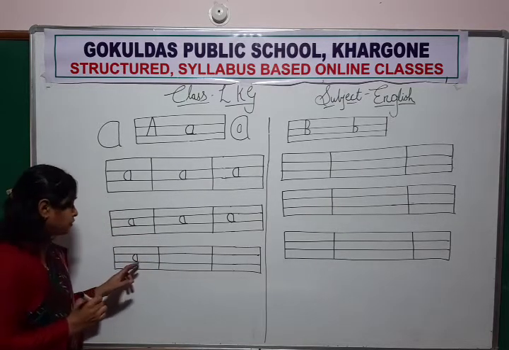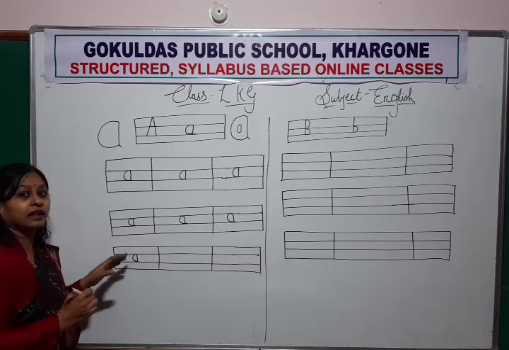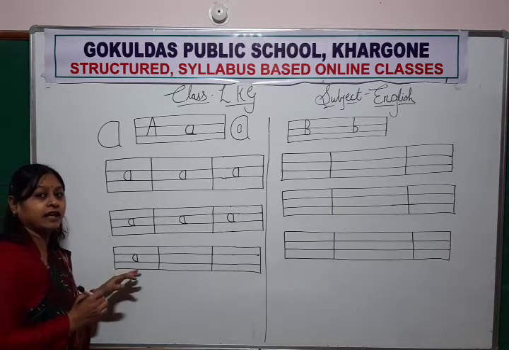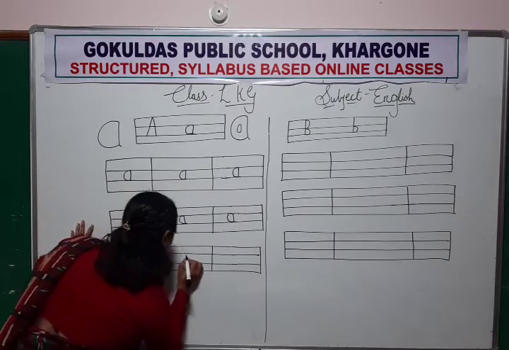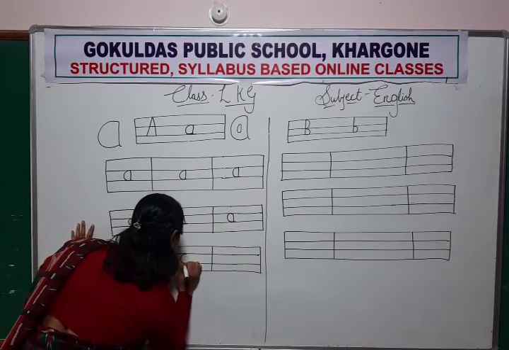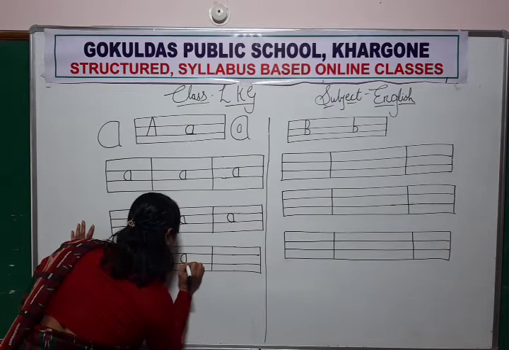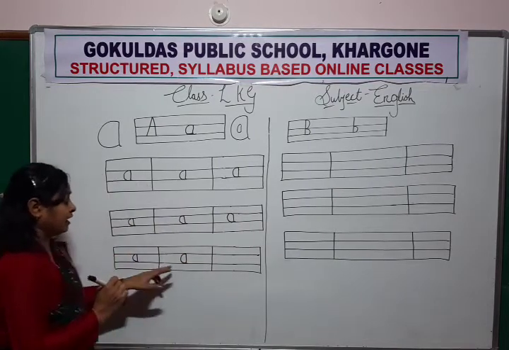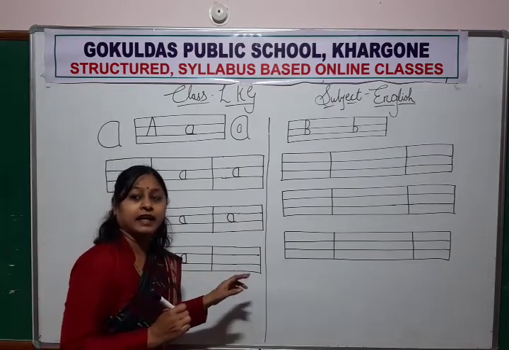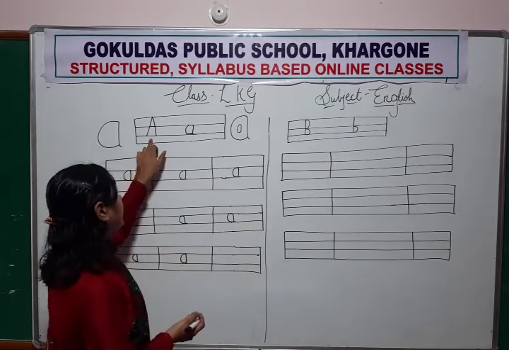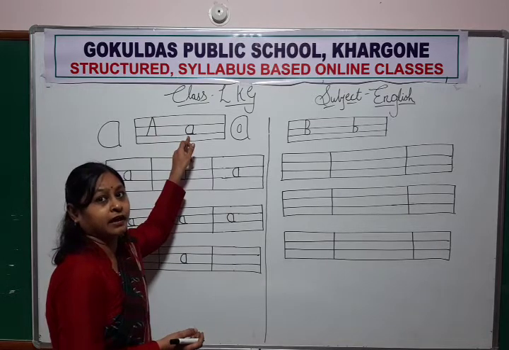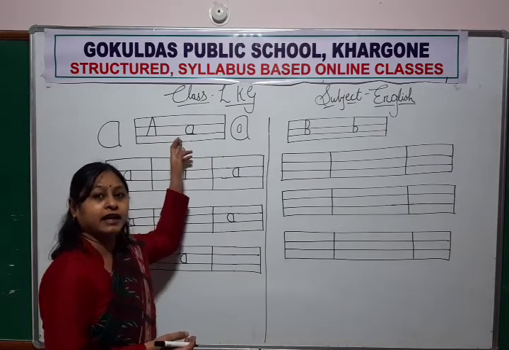Put small tail. Letter A. Small A. Sound of letter A is A. Half circle, standing line, and then small tail. Letter A. Baby A. Okay. So this is Mama A and this is baby A. And sound of letter A is A.